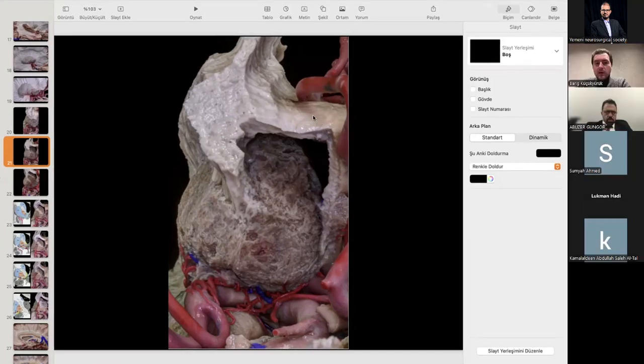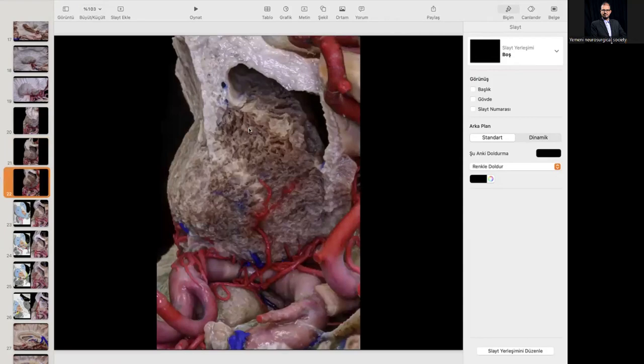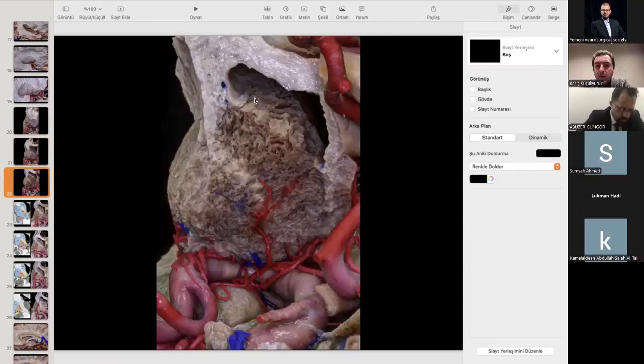Again, this is a right hemisphere. Here we see the roof of the lateral ventricle, which is formed by the corpus callosum. The white matter structure between the head of the caudate nucleus and the putamen is the anterior limb of the internal capsule. Let's go a little bit more posteriorly. So the anterior limb of the internal capsule is removed.